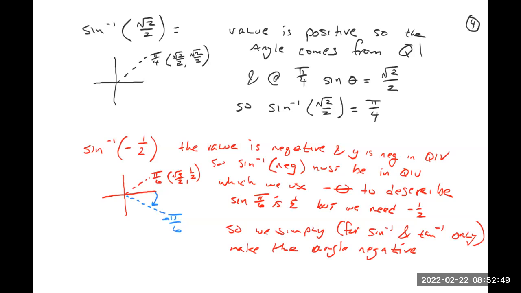So arcsine and arctangent, or sine inverse, tangent inverse, this is very simple. We figure out what the angle would be in quadrant 1, and we simply put a negative sign in front of it. So the arcsine of -1/2 is -π/6.